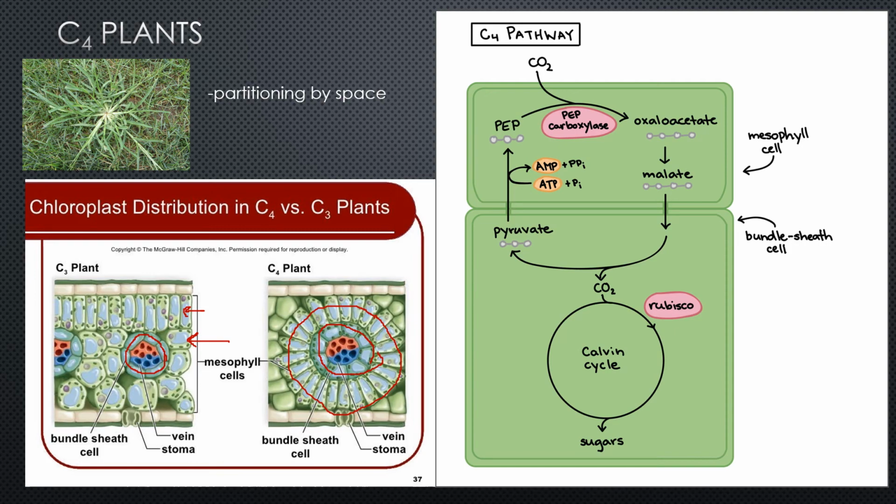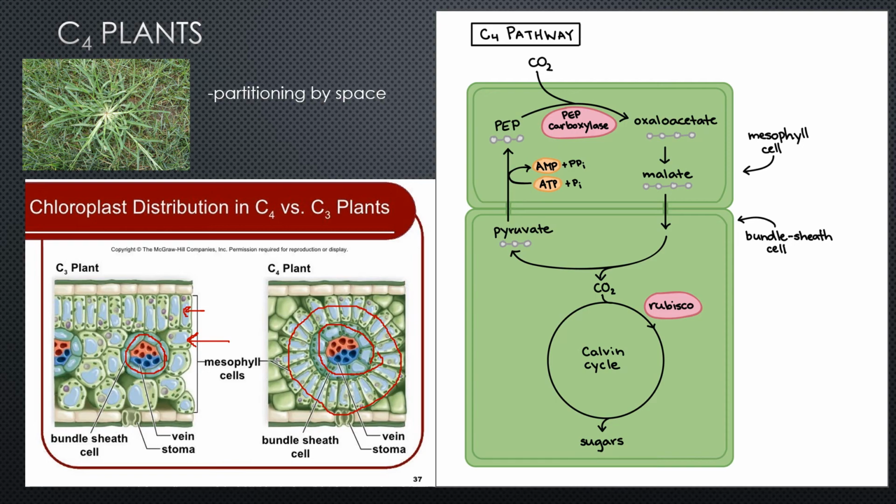So things are a little bit different as well in C4 plants in that it uses an enzyme called PEP carboxylase to fix carbon to a compound called oxaloacetate. Oxaloacetate is then reduced to a form called malate. And all of that takes place in those mesophyll cells.